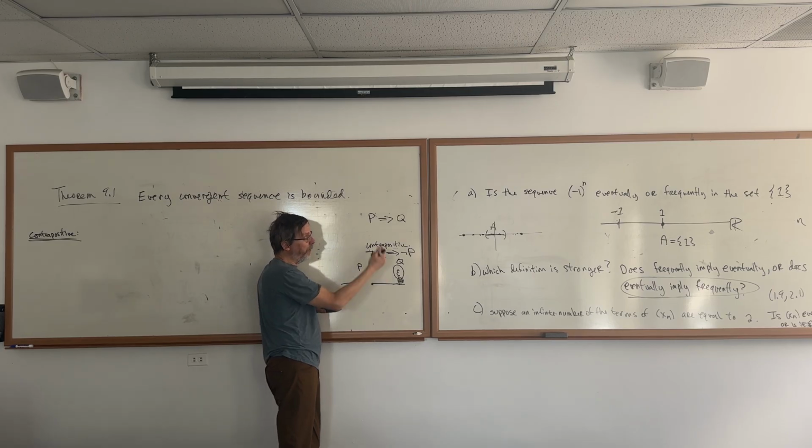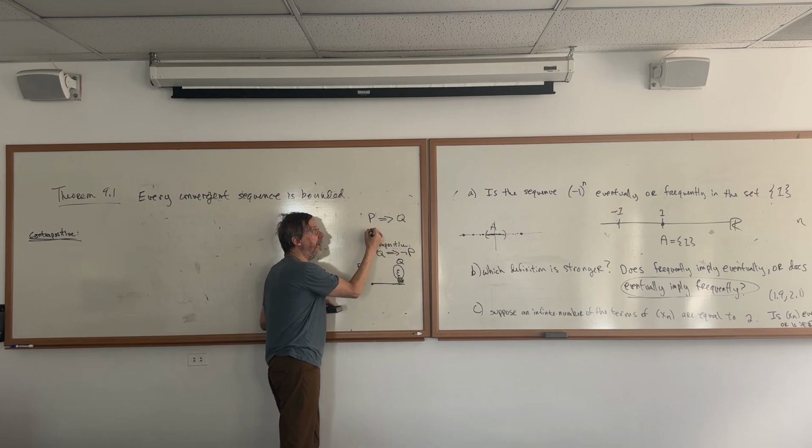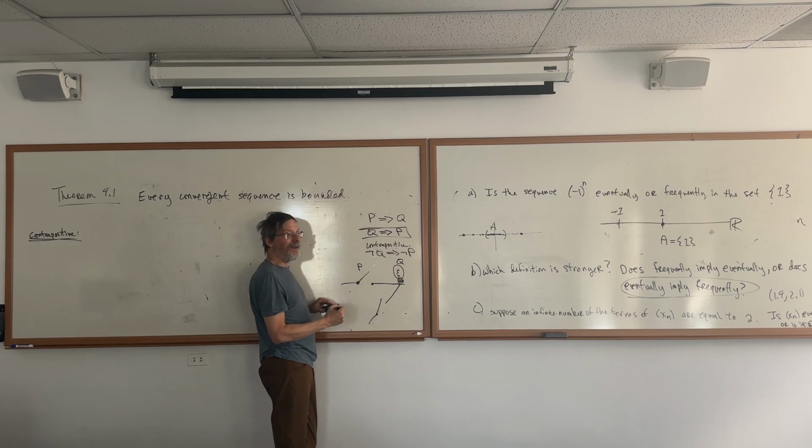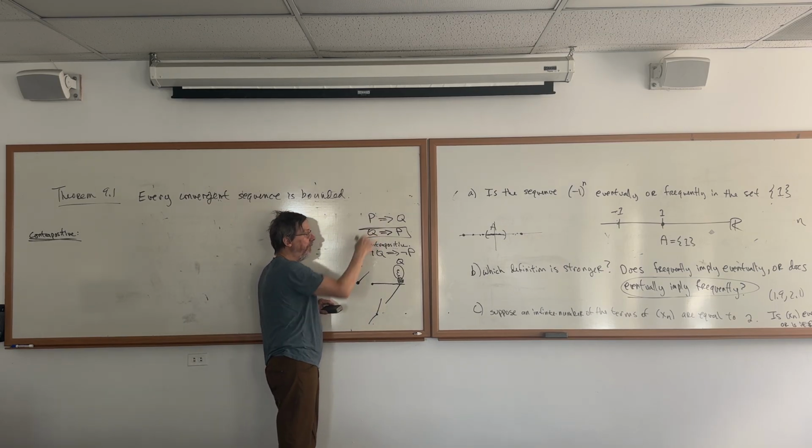Now, this doesn't necessarily imply Q implies P. That is the converse statement, and they are not the same. Because this light might be on, but there actually might be another switch that turns it on. So this isn't the same as this.